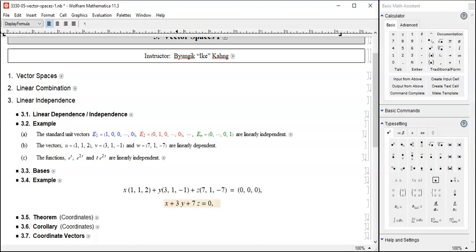And then x plus y plus z equal to 0, isn't it? That's coming from the second coordinate. Okay. And then 2x minus y minus 7z equal to 0.